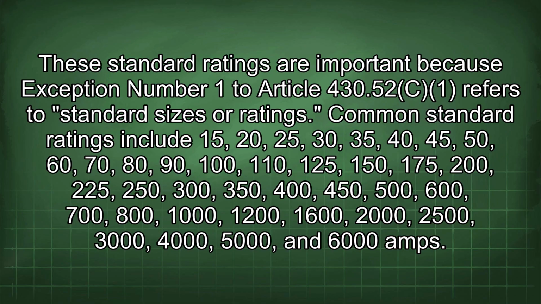Common standard ratings include 15, 20, 25, 30, 35, 40, 45, 50, 60, 70, 80, 90, 100, 110, 125, 150, 175, 200, 225, 250, 300, 350, 400, 450, 500, 600, 700, 800, 1000, 1200, 1600, 2000, 2500, 3000, 4000, 5000, and 6000 amps.